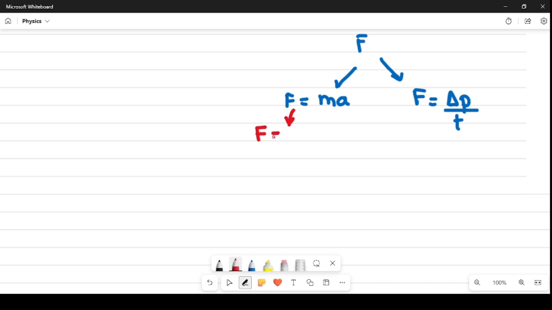So force is equals to mass. Mass is a base quantity, leave it as it is. Acceleration. Acceleration is not a base quantity. It can be written as V over T, right? Now the thing is, V is further not a base quantity. V is S over T, and we already have a T in denominator, so it gets multiplied.